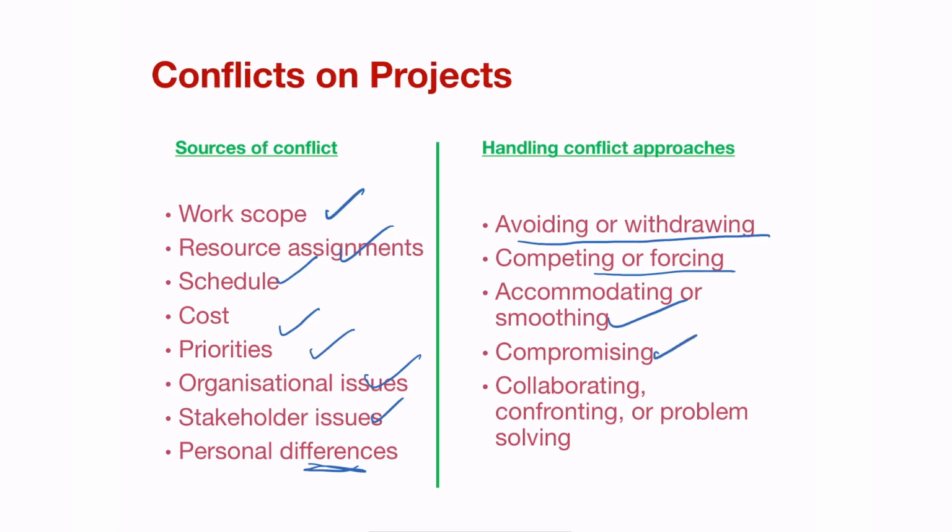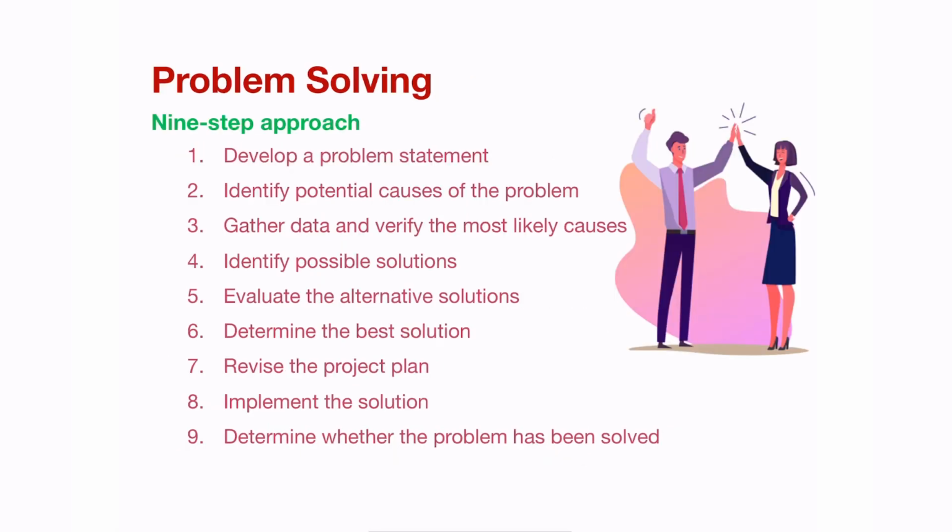You have to find ways of collaborating, confronting, or problem solving in order to resolve these conflicts. The 9-step problem solving approach is one that PMBOK suggests, and it's part of those skills that you as a project manager need to develop.